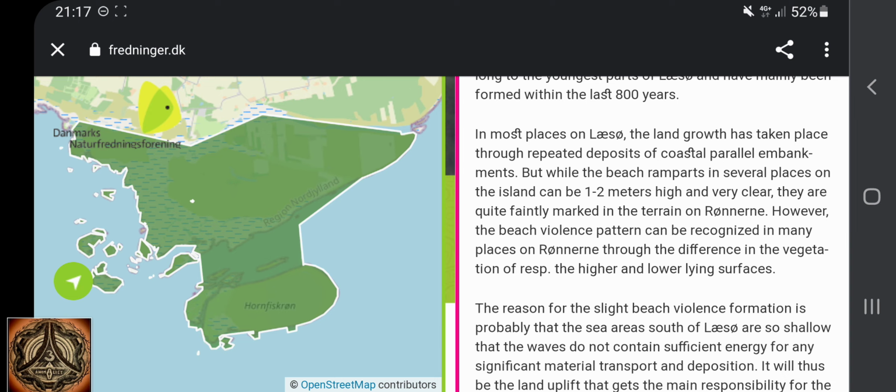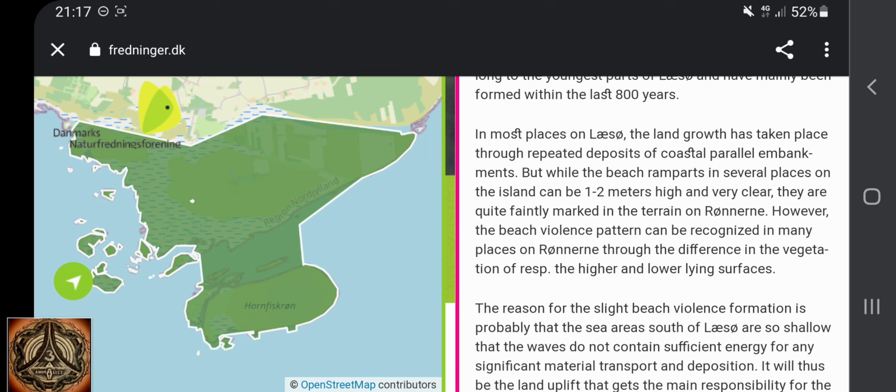In most places on Læsø, the land growth has taken place through repeated deposits of coastal parallel embankments. Embankments, okay. But while the beach ramparts in several places on the island can be 1 to 2 meters high and very clear, they are quite faintly marked in the terrain on Rønnerne.